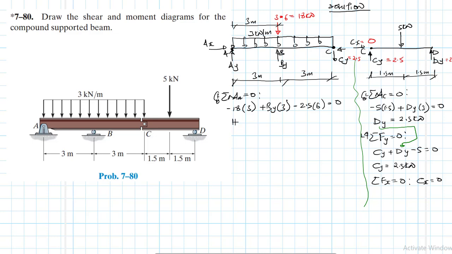Therefore, our By is going to be equal to minus 18 by 3 minus 2.5 by 6, and then divided by 3. So this is going to be equal to 23.